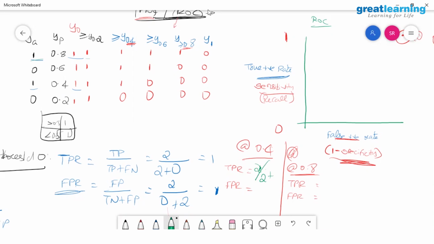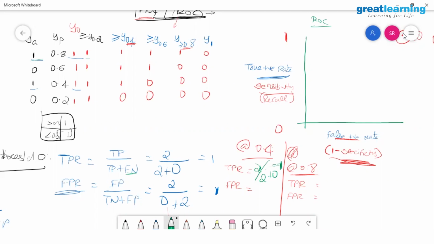Okay, sorry. False negative is 0, right? Yeah. So TPR is 1. So who was telling me it is 0.5? Okay. Vijay, are you clear here now? 2 divided by 2 plus 0, it is 1.